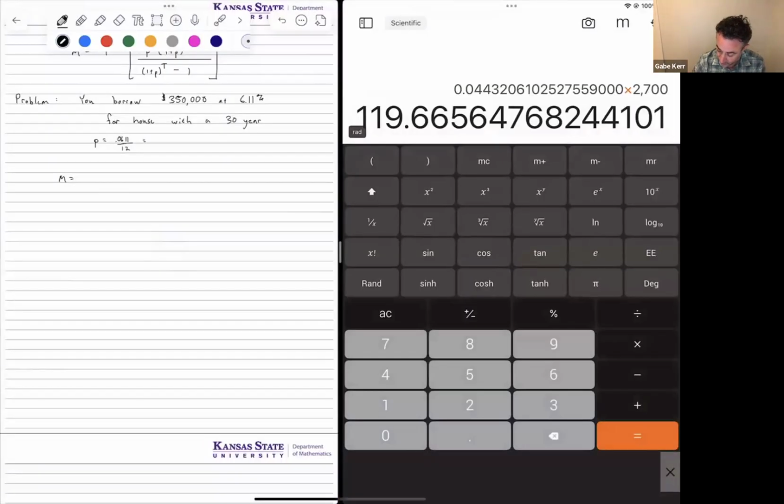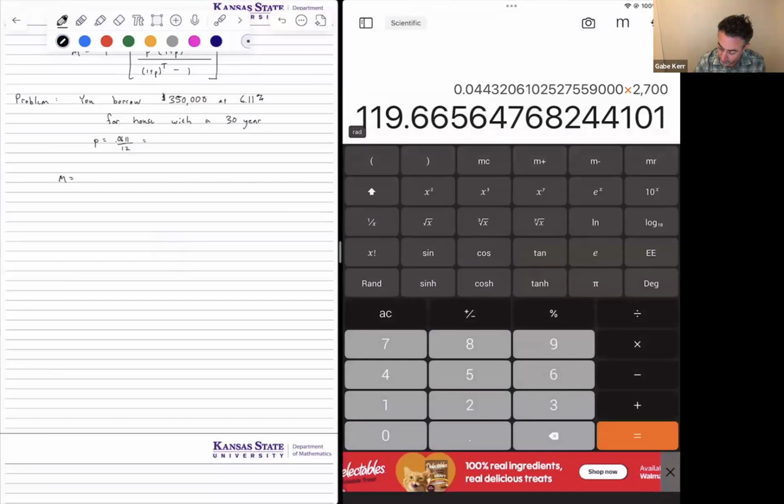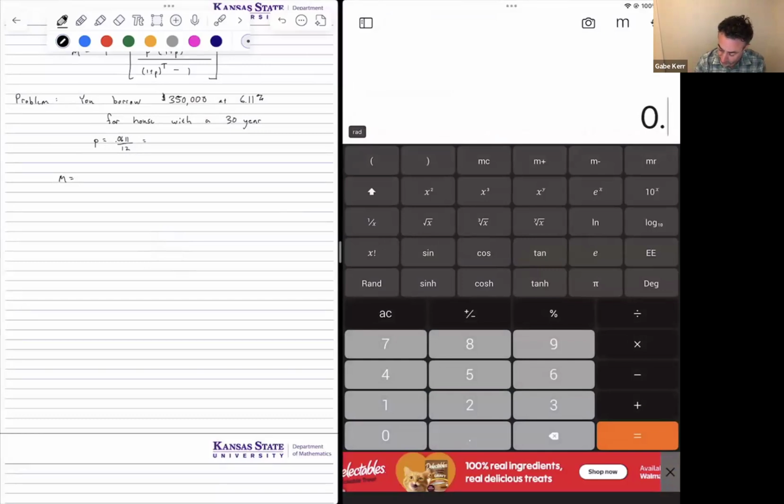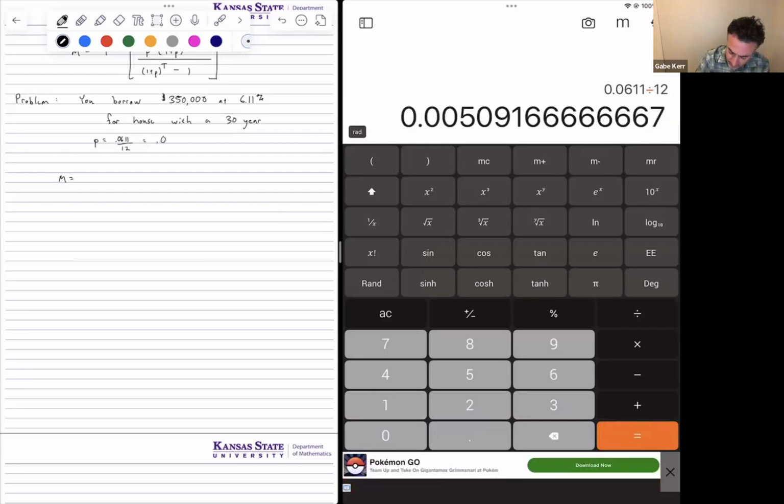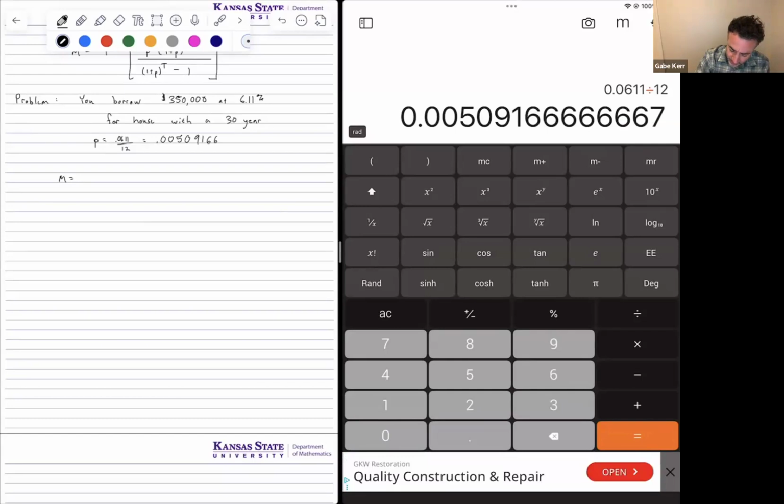Grab my calculator out. So this is 0.0611 divided by 12, which is 0.00509166, dot, dot, dot.